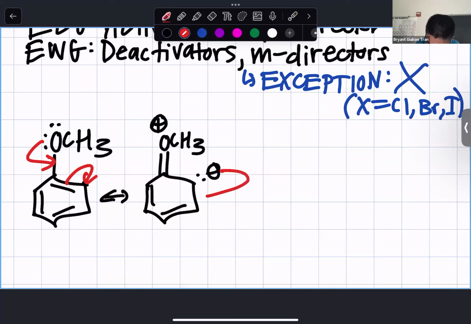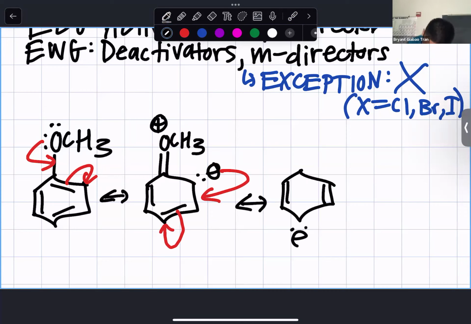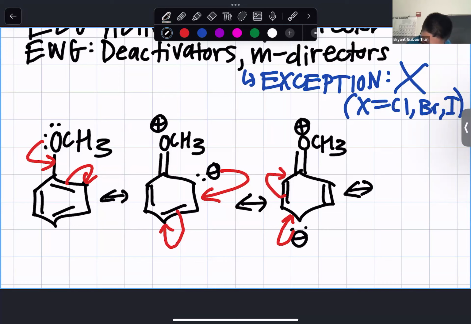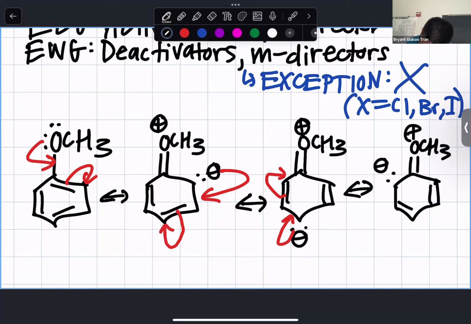The lone pair of electrons here is going to make a double bond there, pushing this double bond to make a lone pair of electrons on that carbon right there. And that gives us this resonance structure. And there's one last resonance structure here, where we are going to move this lone pair of electrons to make a double bond there, and push that double bond to make a lone pair of electrons on that carbon right there. So these are all the resonance structures.